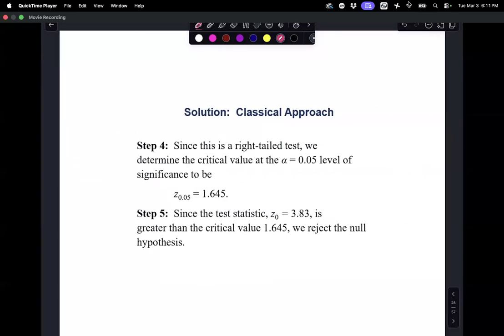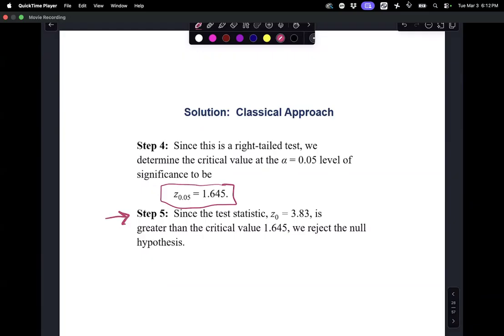Next, they determined it was a right-tailed test. I don't care if you write down that it's a right-tailed test. Your null hypothesis shows me that you understand that. But they did find their critical value. Then this right here, I'm okay with words that simple.